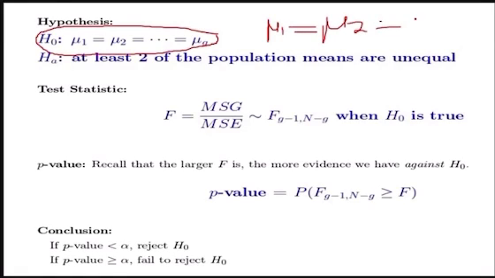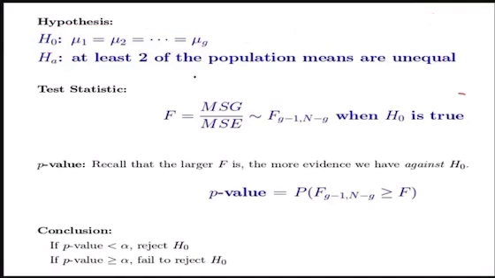Depending on the number of groups we are comparing, you extend this; this is H naught for the situation where you have 3 groups. The alternative remains the same all the time. The alternative is always that at least 2 of the population means are not equal. Does that make sense?